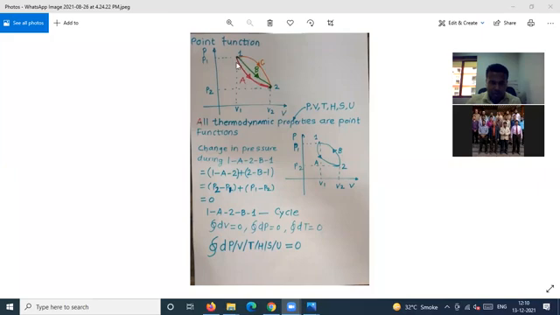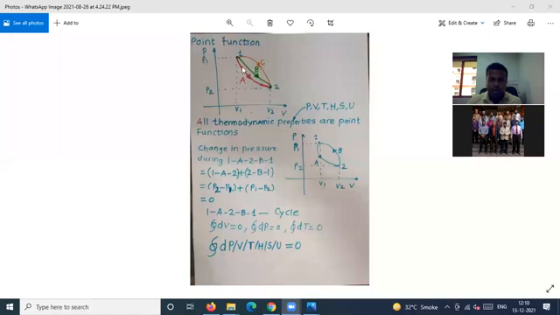When we see the path 1A2, and you need to calculate the work done during 1A2, we need to calculate the area below that.